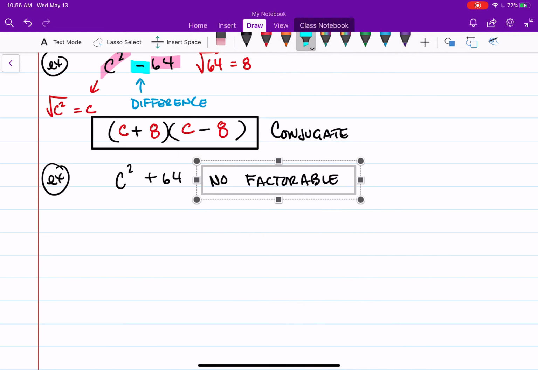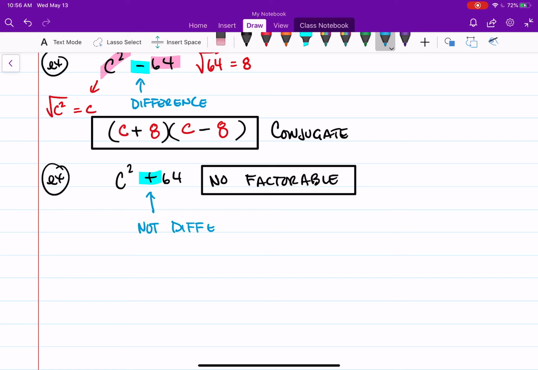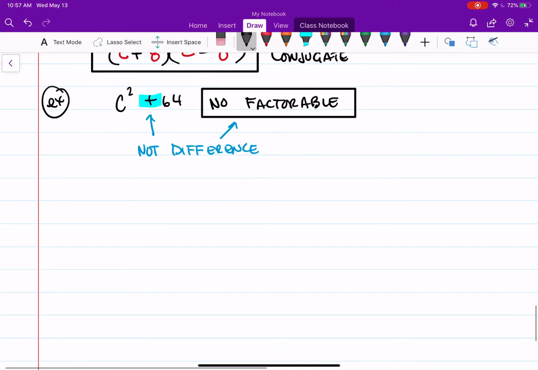The answer is that is not the difference. So it's not factorable. Okay? So it has to be subtraction. No matter how you look at it, it has to be subtraction. Then you look at the left side of the subtraction sign, is that a perfect square? You look at the right side of the subtraction sign, is that a perfect square? If the answer is yes, then you're good to go, okay?